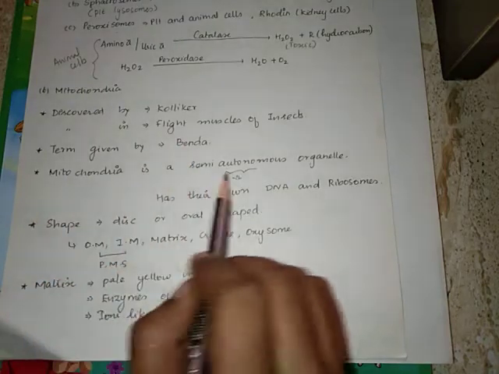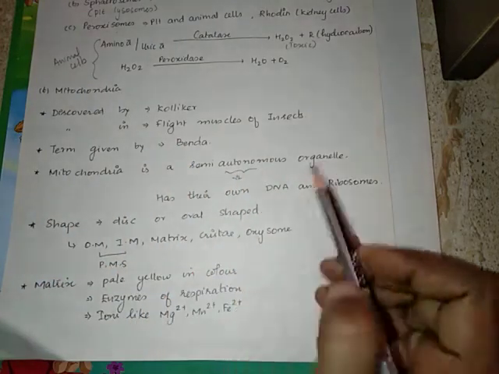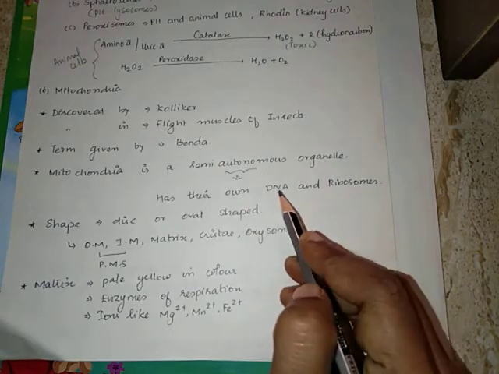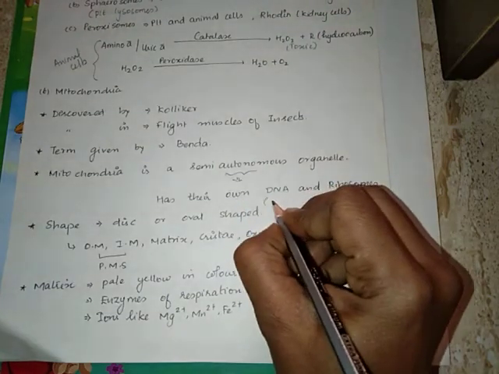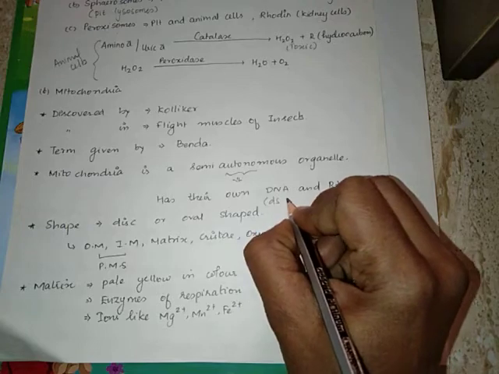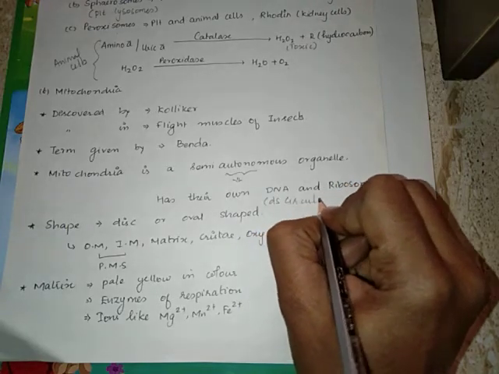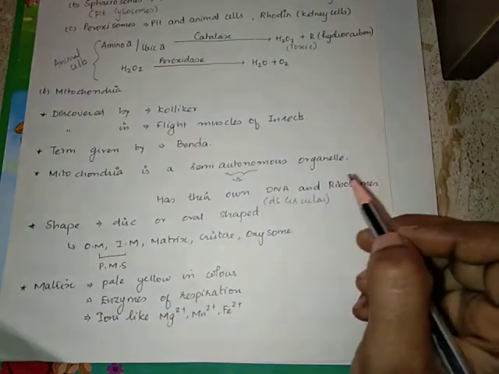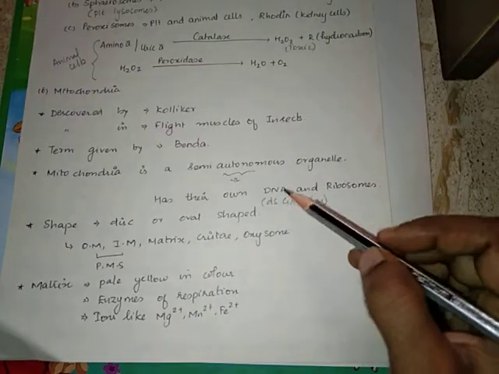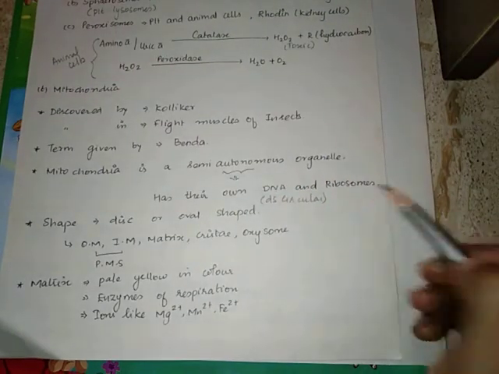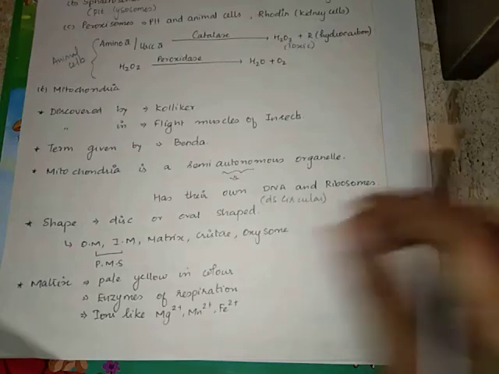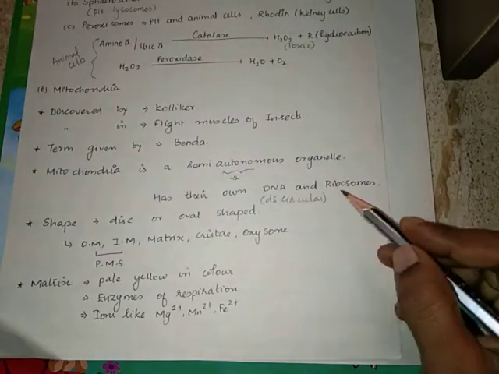And mitochondria is called a semi-autonomous organelle because it has its own DNA. This DNA is a double-stranded circular DNA. Because DNA is present, they can replicate, and because ribosomes are present, they can undergo transcription and translation for formation of proteins.